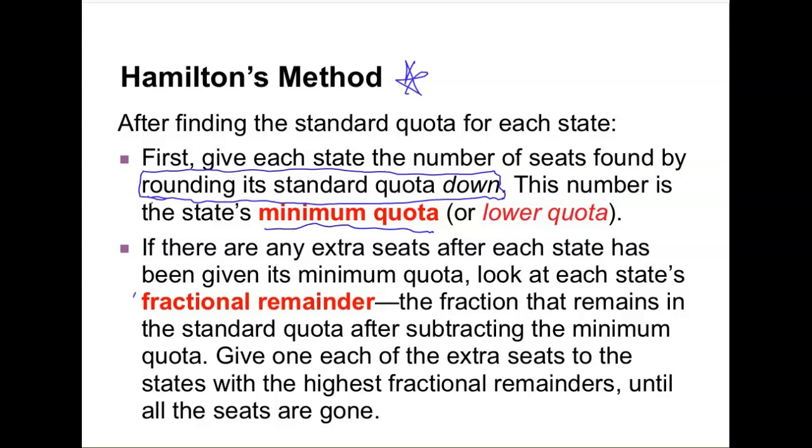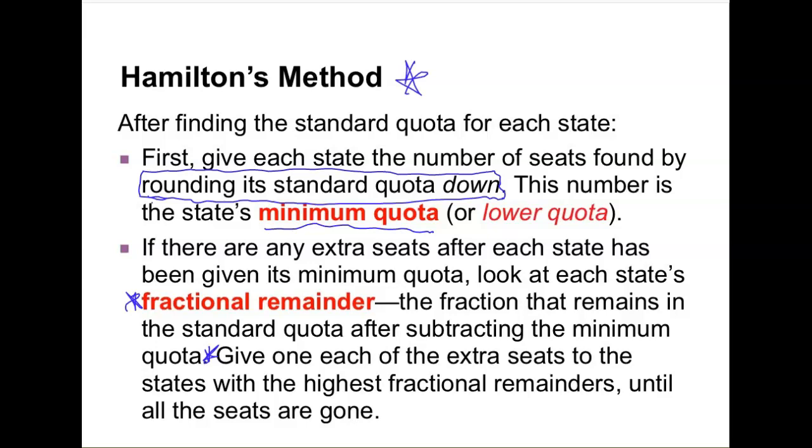You're going to look at each state's fractional remainder. And then you're just going to give an extra seat to the state with the highest fractional remainders until all the seats are gone. So this is a pretty simple method.